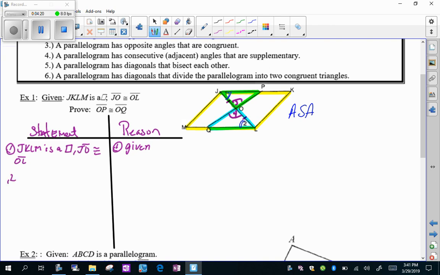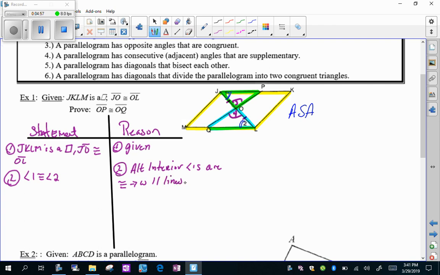Number 2, I'm going to put down that angle 1 is congruent to angle 2. And the reason for that is because alternate interior angles are congruent with parallel lines.